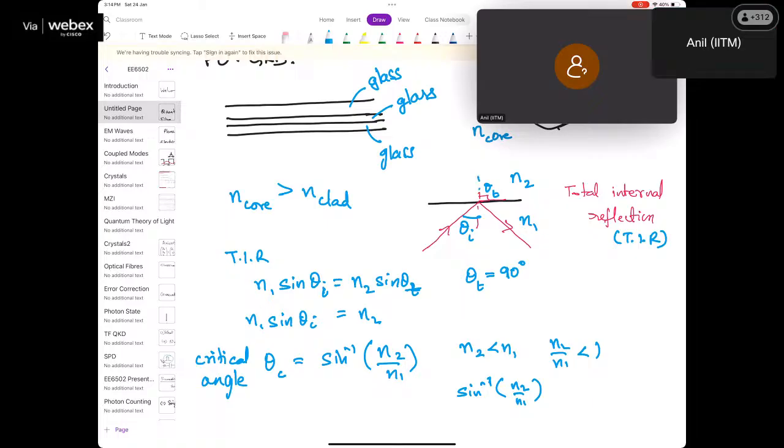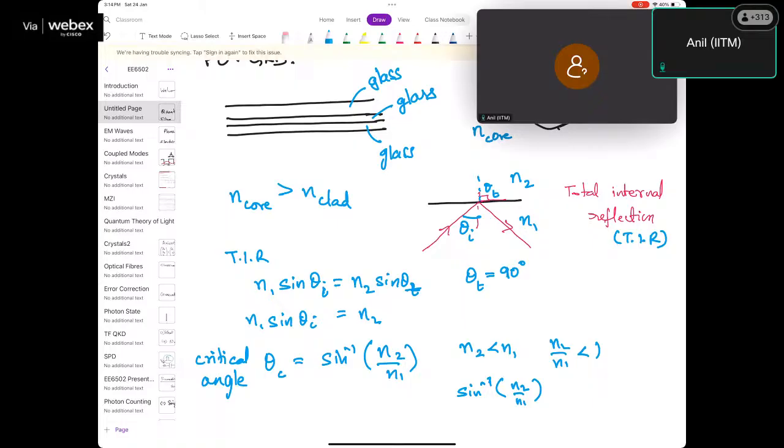In school, we basically did the problem where n1 was 1.33 and n2 was air because we were a swimmer in the swimming pool. And so we could calculate this.